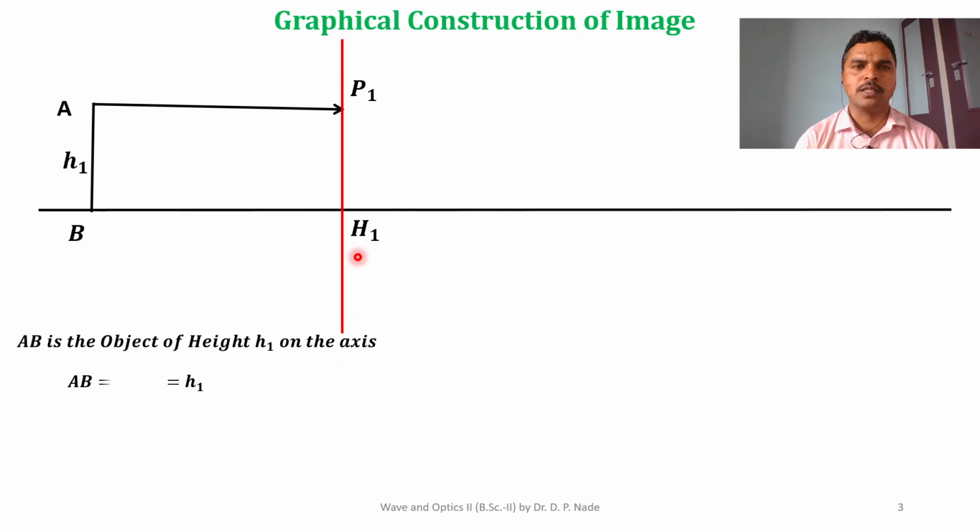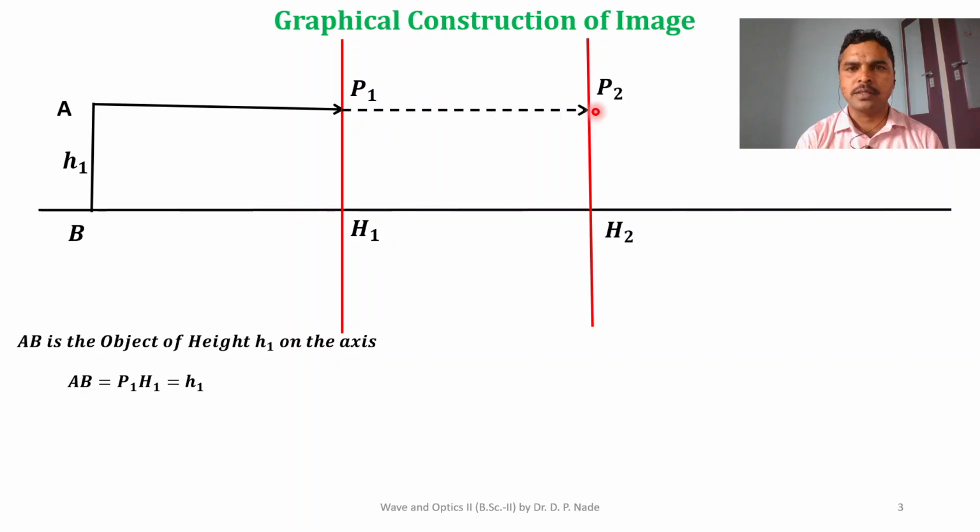By this geometry, we can write the equation AB is equal to P1H1, which is equal to H1. So this distance is equal to this distance because they are parallel to each other and on the same principal plane. Similarly, light going from point P1 to point P2 forms another plane, called the second principal plane, at this point H2.